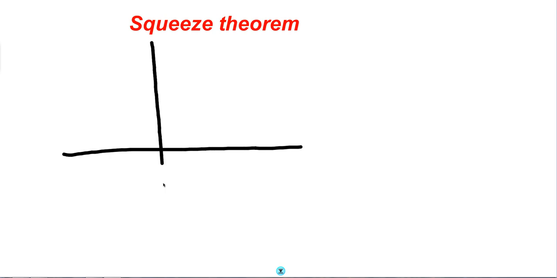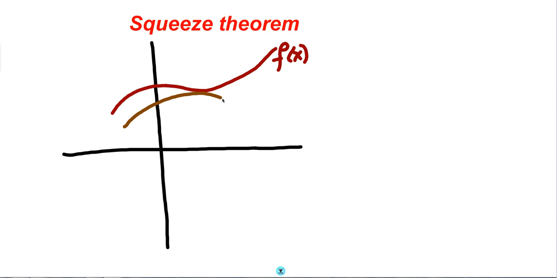Now, what does the squeeze theorem say? The squeeze theorem is trying to use the idea of squeezing those functions. If we have our f of x like that, and we have our g of x like that, such that the limit as x approaches a of f of x and g of x is the same, but g of x is always less than f of x.